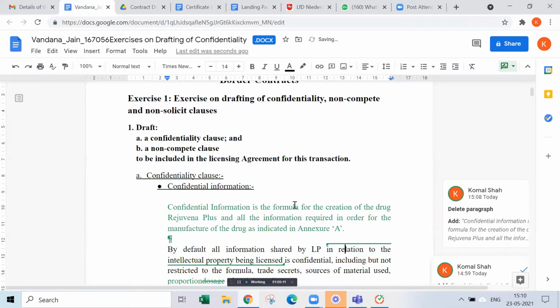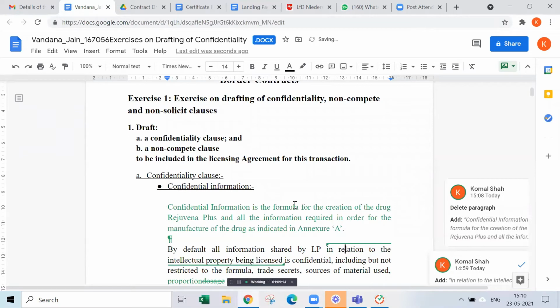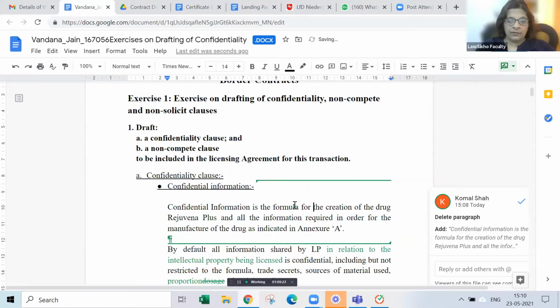Komal ma'am, can we write confidential information shall include the formula? No, it's not. In fact, instead of is, you write means. Okay, means the formula and all the information that's connected with it.